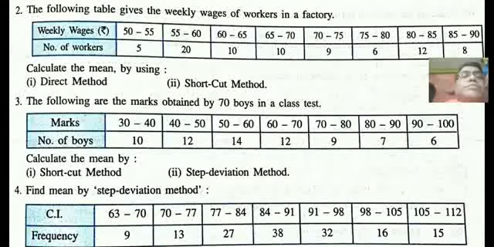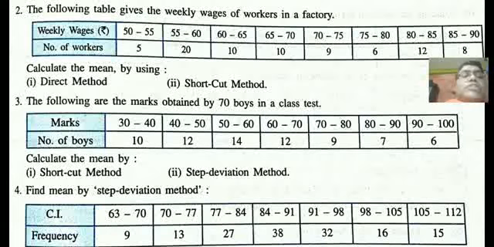Second question: the following data is given for 70 boys in a class test. Marks scored: 30 to 40, 40 to 50, 50 to 60, 60 to 70, 70 to 80, 80 to 90, 90 to 100. Number of boys: 10, 12, 14, 12, 9, 7, 6.